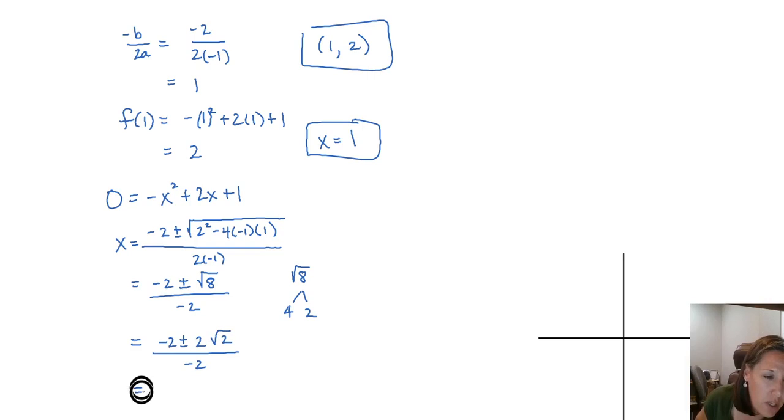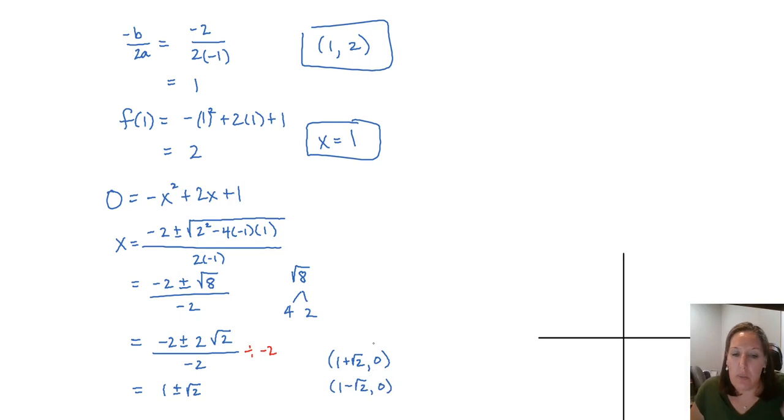Now we can divide out either a 2 or a -2 here. Since both of those are negative, we can divide out a -2. And when we divide out top and bottom by -2, we get 1 plus or minus the square root of 2 over 1. And that would be the coordinates of our x-intercept.